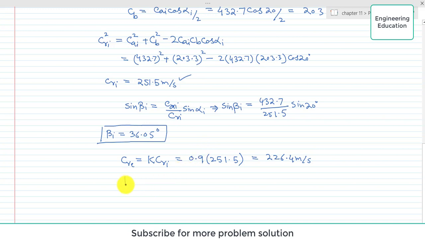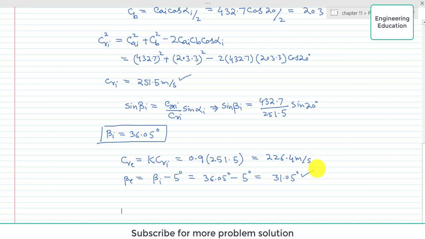Similarly, the blade angle at exit is equal to blade angle at inlet minus 5 degree as given in the problem. So beta I is 36.05 degree minus 5 degree, so the blade angle at exit comes out 31.05 degree.